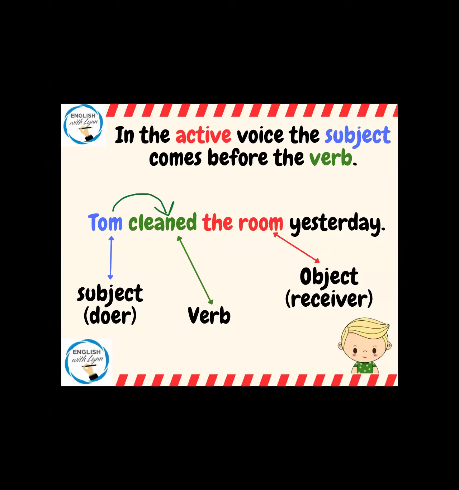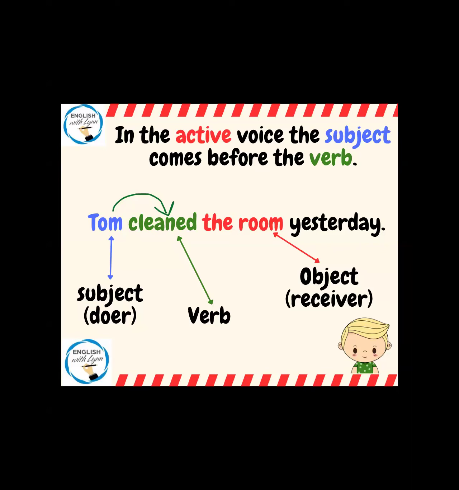If I wanted it in the present progressive, I could say Tom is cleaning the room, but I wouldn't have the yesterday at the end of it. If I wanted it in the past progressive, I could say Tom was cleaning the room. So the verb part of the sentence is indicating the tense of it.